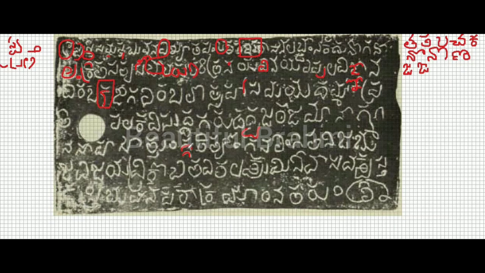Tunga, then we have ki, ki, then we have a kitya. Okay, kitya, and we should observe the small symbol over here. This is a rapalam or a repa.